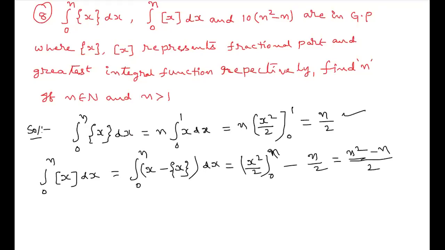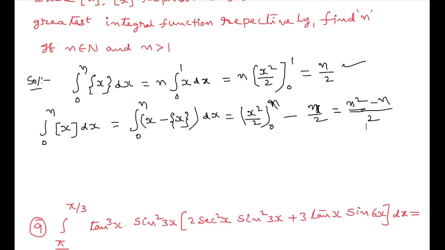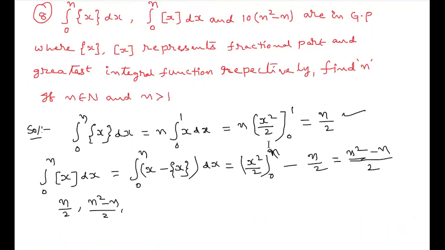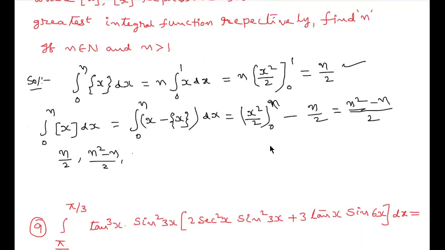And another value is given. These are in GP series. So what we need to find here? Find the n value where n belongs to natural numbers. Now n by 2, comma, n square minus n by 2, comma, and in the question a third term is also given: 10 into n square minus n.